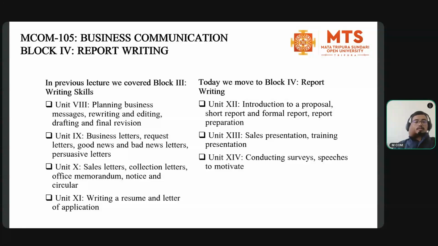We discussed how to plan a business message, how to write a first draft, and how to revise and edit. We covered different types of business letters or applications, such as request letters, for which examples were provided from your SLM, sales letters, persuasive letters, collection letters, and so on. Office documents like memos, notices, and circulars were also discussed in the previous lecture.